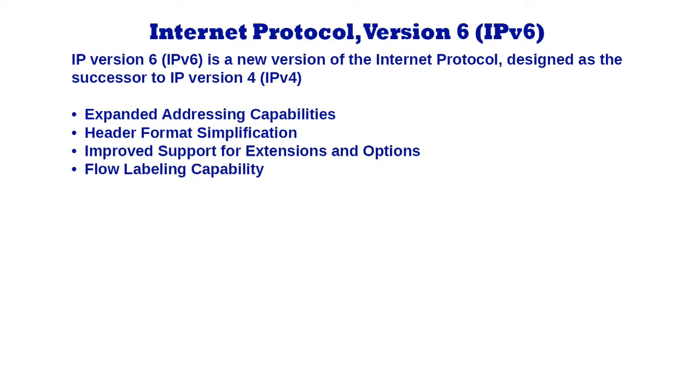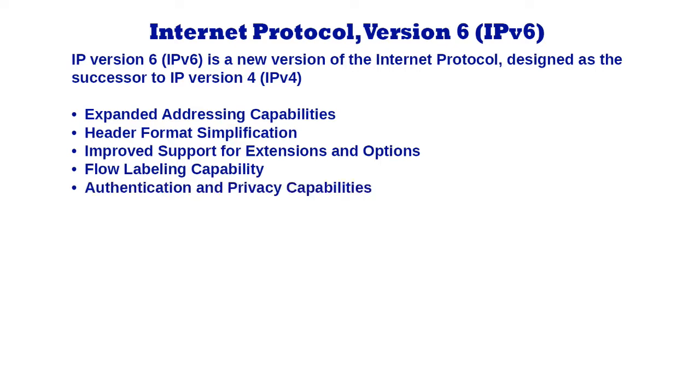Fourth is flow labeling capability. A new capability is added to enable the labeling of packets belonging to particular traffic flows for which the sender requests special handling, such as non-default quality of service or real-time service.